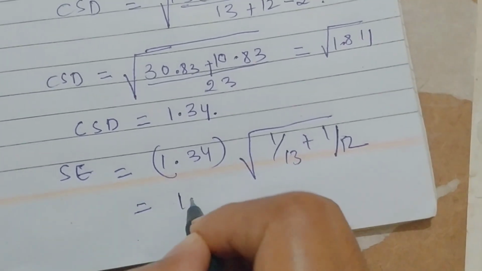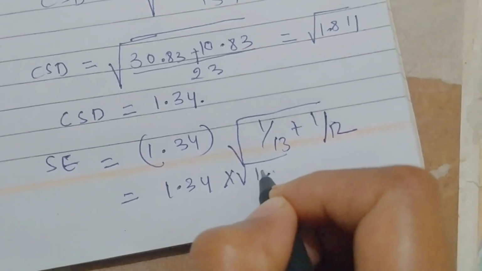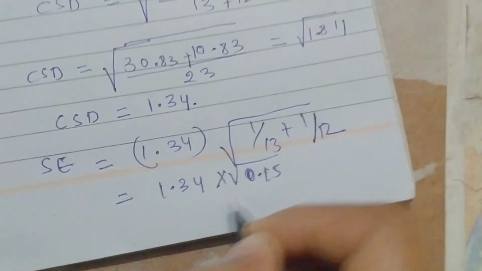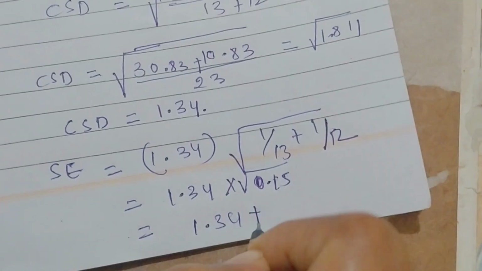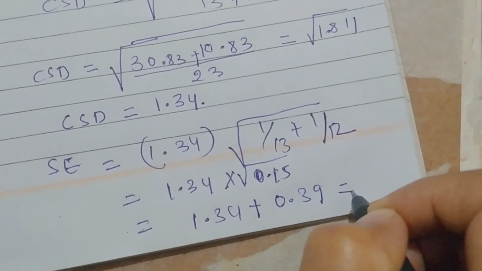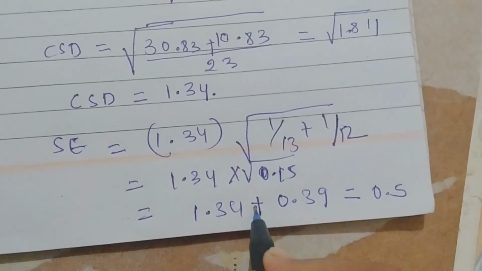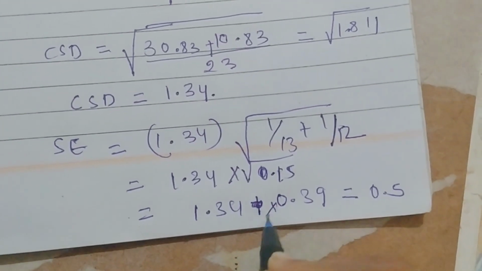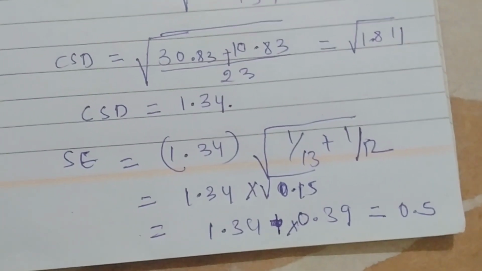So we'll get 1.34 into square root of 0.15. After simplifying this, 1.34 times 0.39, which is equal to 0.5. This is not plus here, this is multiplication. After multiplying this, we'll get around 0.5.